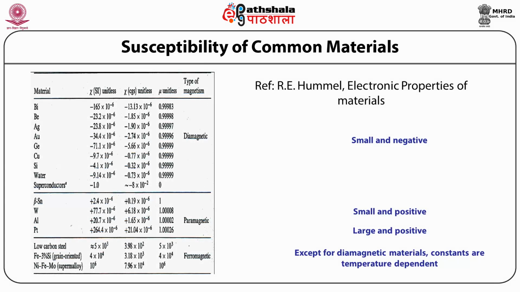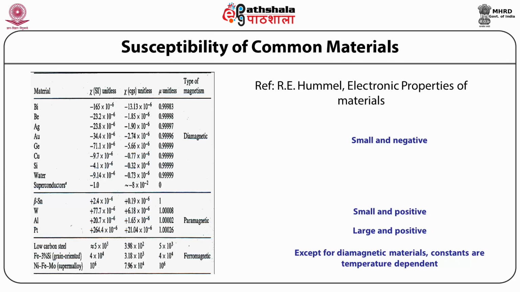Susceptibility of common materials. The table shows the values of susceptibility for the 3 types of magnetic materials, that is diamagnetic, paramagnetic, and ferromagnetic. It also tabulates the values of nu. As evident from the table, for diamagnetic materials, the susceptibility is very small, that is of the order of 10 to the power minus 6, and it is negative also.